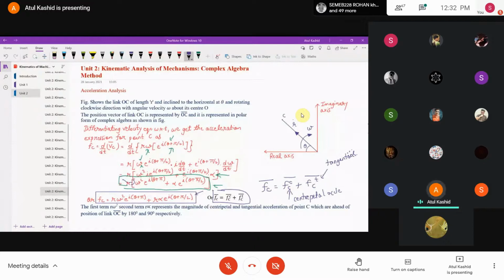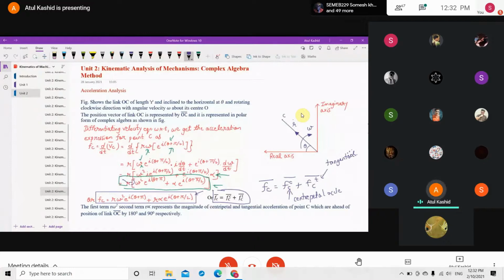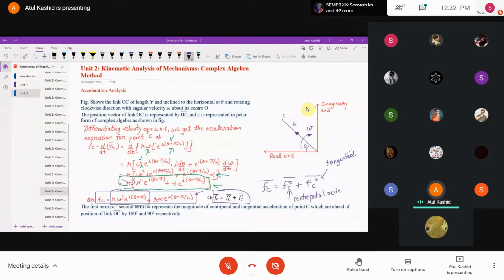So the centripetal acceleration is the first term, that is r omega square e raised to i(theta plus pi), which is fcc, and your fct, which is the tangential acceleration, is r alpha e raised to i(theta plus pi by 2).